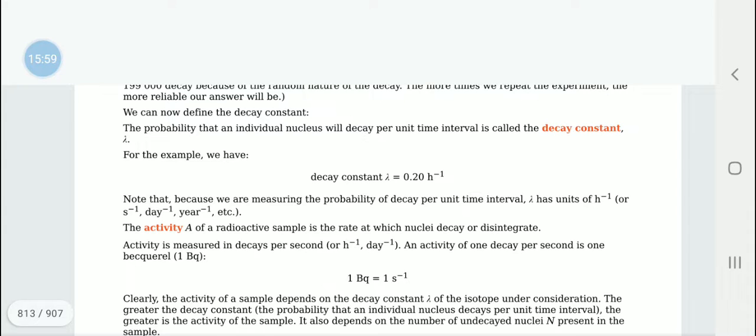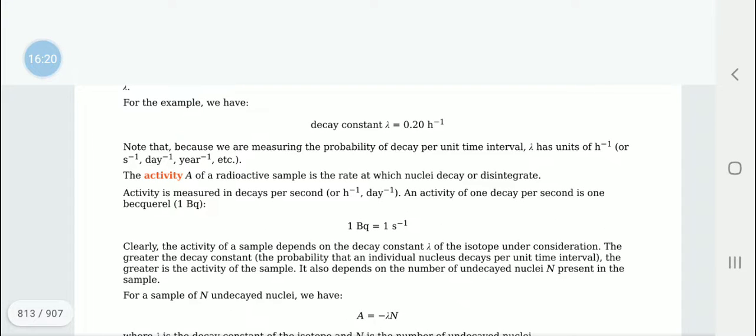Decay per second has another unit: 1 becquerel. You can remember from O levels, this was named after Henri Becquerel. So 1 becquerel is 1 decay per second.